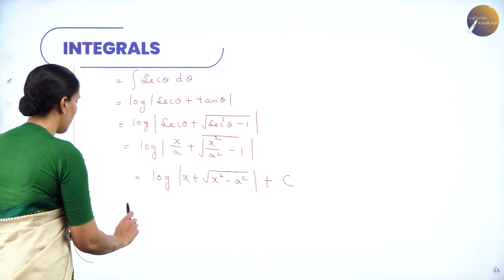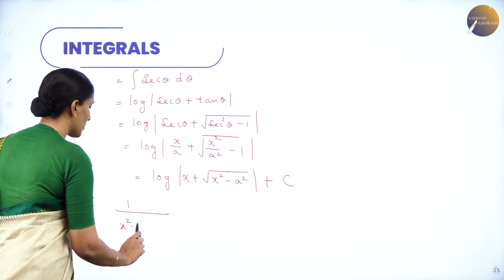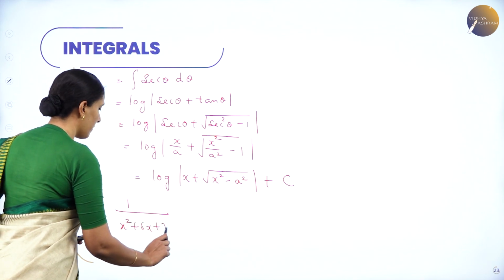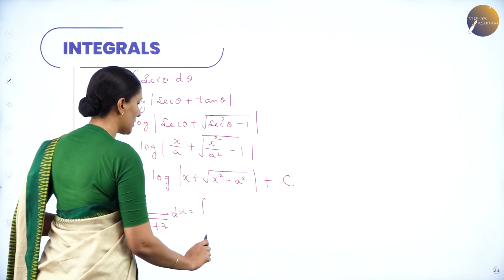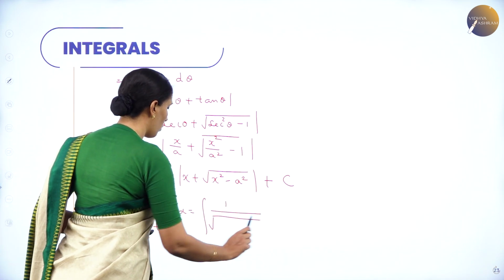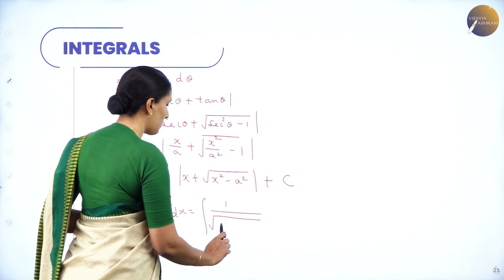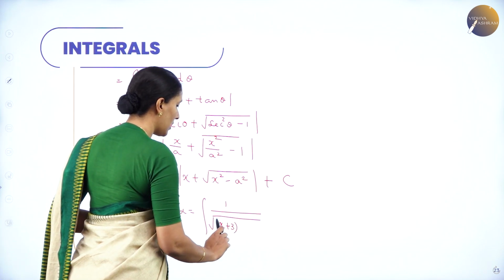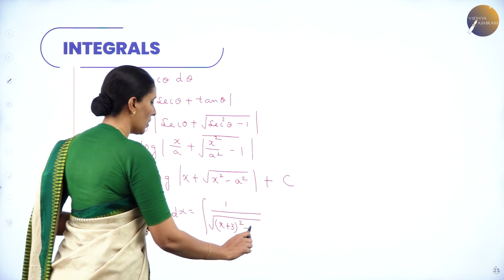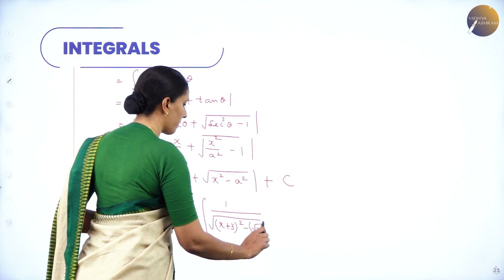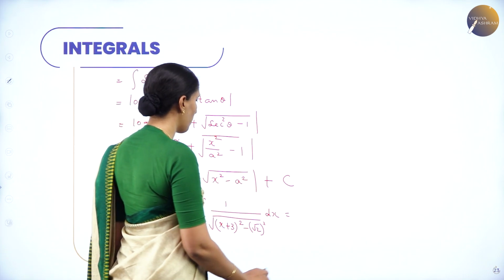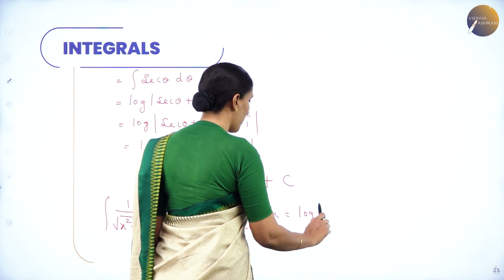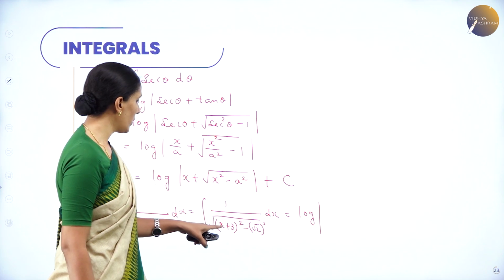So 1 divided by root of x square plus 6x plus 7 dx can be written as 1 divided by root of x plus 3 whole square minus root 2 whole square with respect to dx. So using the standard integral form here, I can write log of x, where x value is x plus 3.